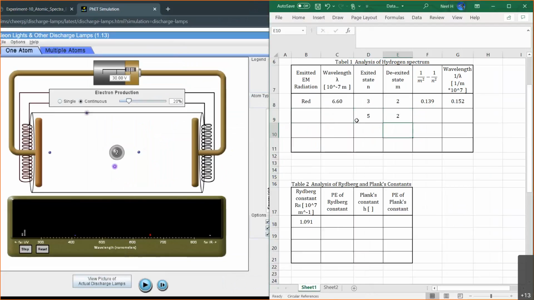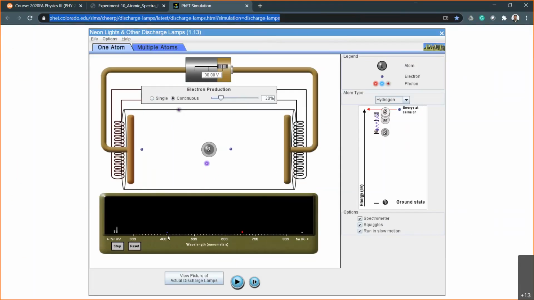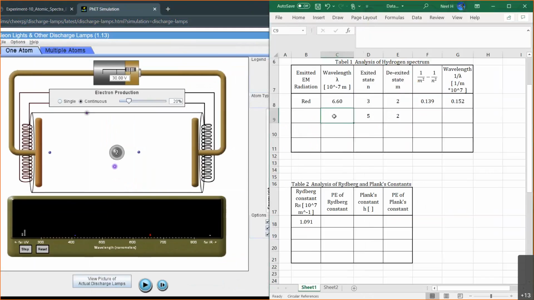5 to 2. And then the pink color, the purple color, is right here. So that is at 400, very close to 410. So I'm going to read it as 410 nanometers. There's going to be a little bit of error there: 4.10 times 10 to the negative 7. This is purple.